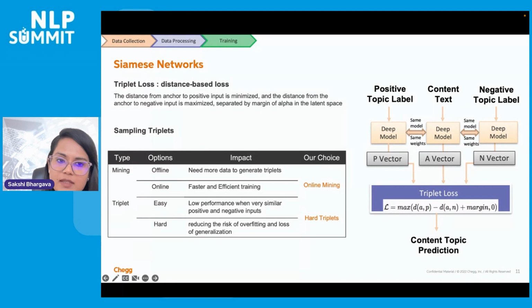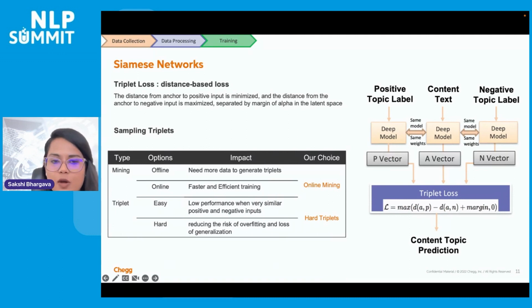So there are multiple options to define and sample these triplet inputs. First is, how do you find these triplets? So one option is you can look at the entire training data and then do negative sampling to find these triplets. But in general, this requires a large amount of data and you have to process all of it at the same time.